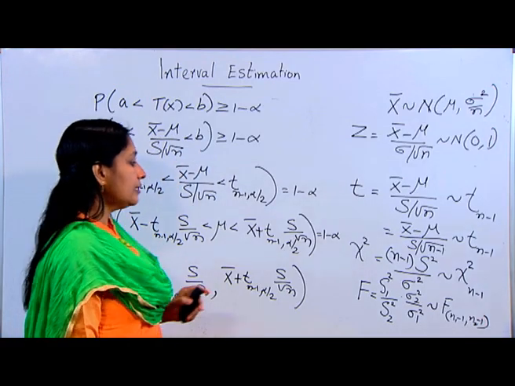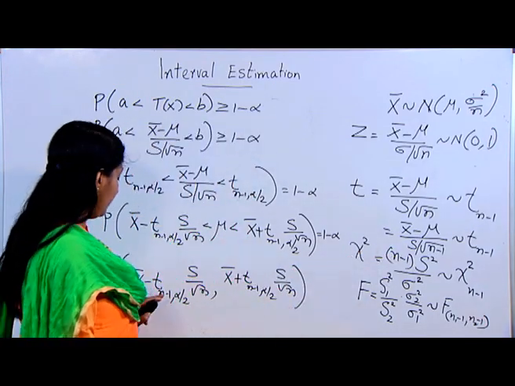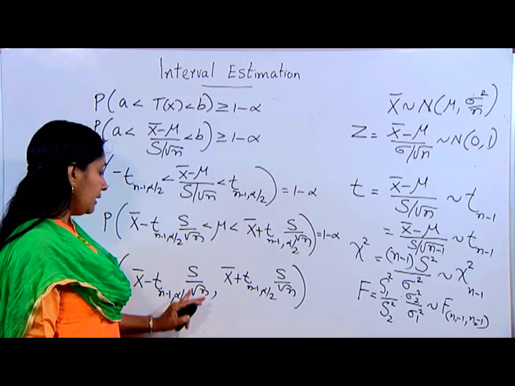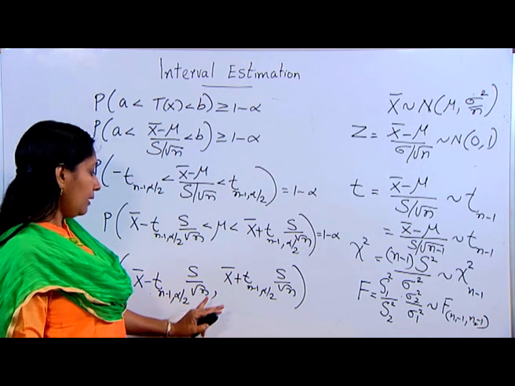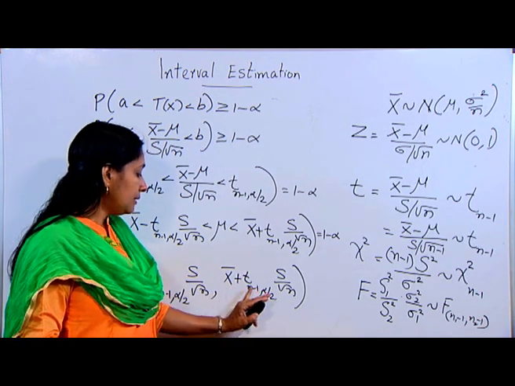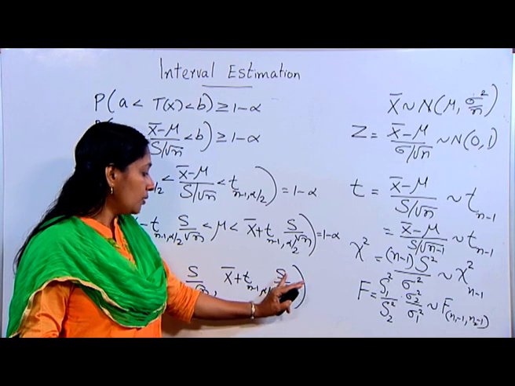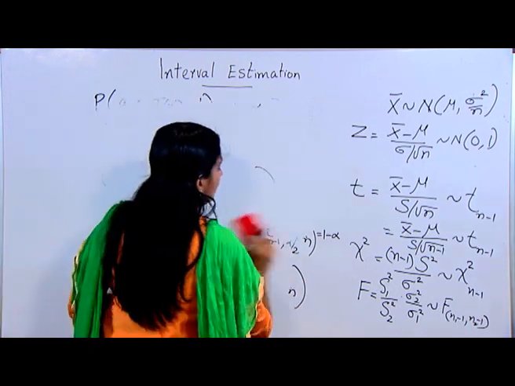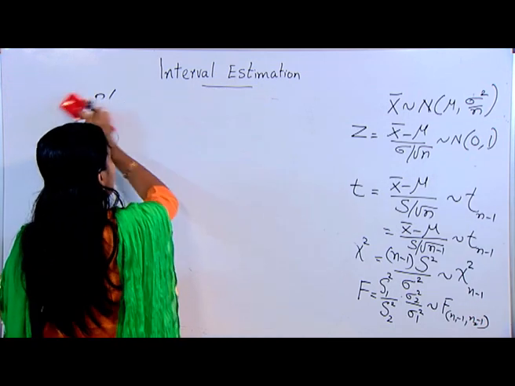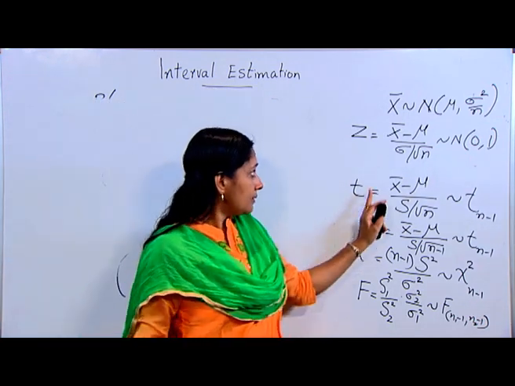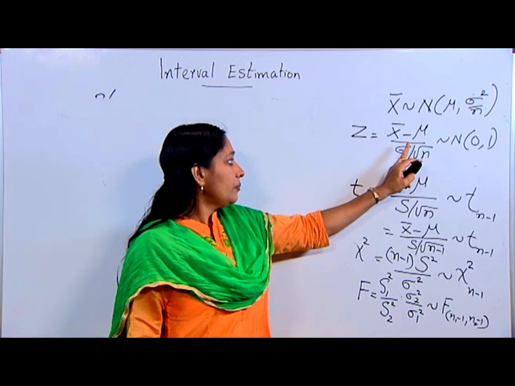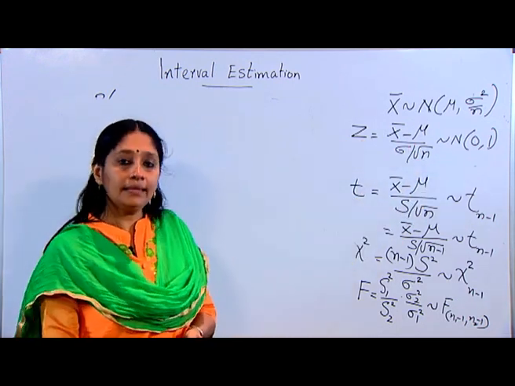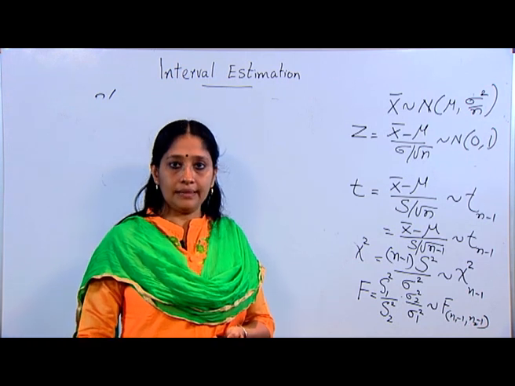If you are using small s, this will become x bar minus t n minus 1 alpha by 2 small s by root n minus 1, and x bar plus t n minus 1 alpha by 2 small s divided by root n minus 1. If the sample size is large, again we will use, instead of t, x bar minus mu by s by root n, and you will get the corresponding confidence interval.